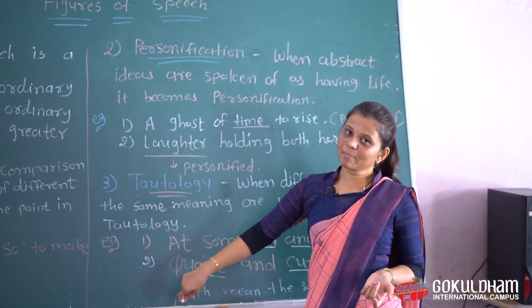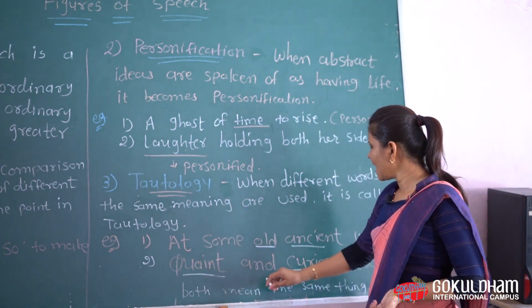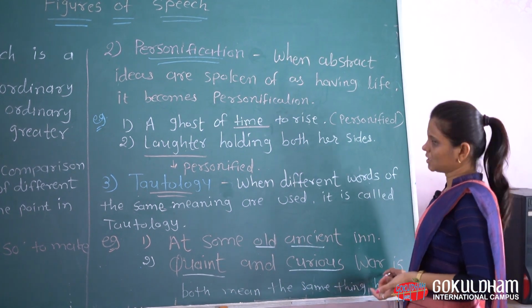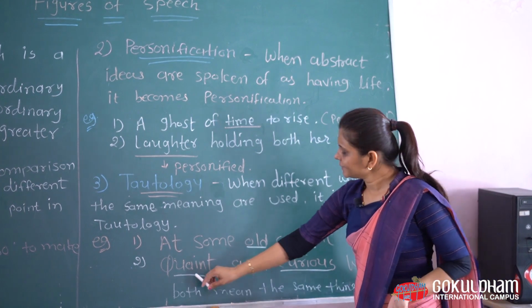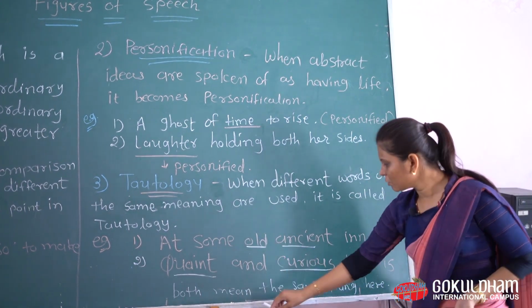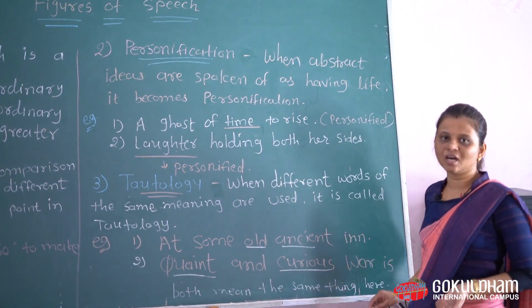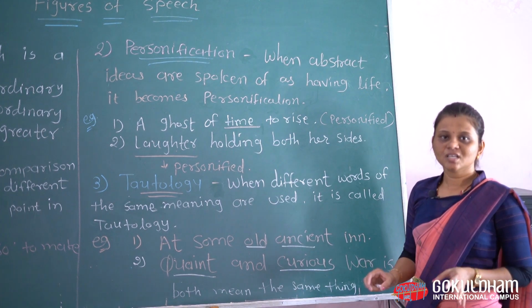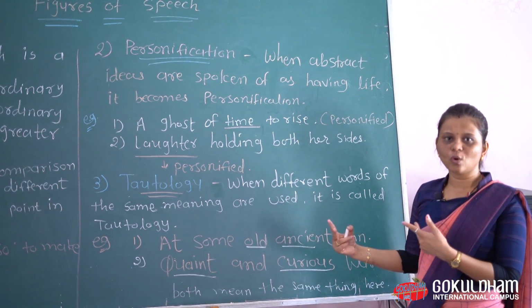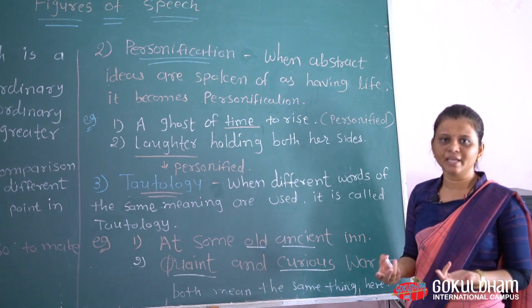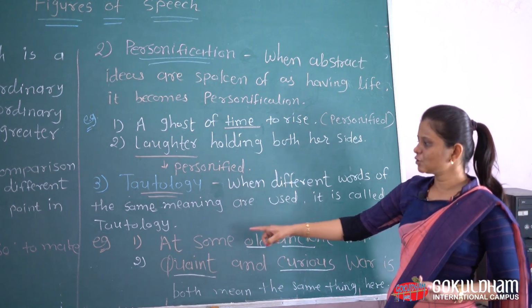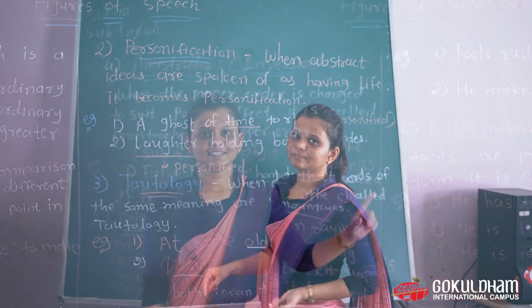The second example is quaint and curious. Both mean the same thing here. Still we use two words for showing the same meaning. At that time we can say tautology is applied.